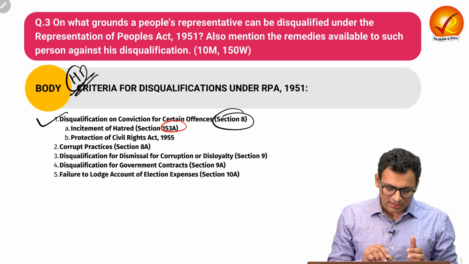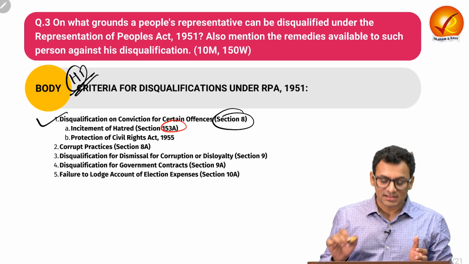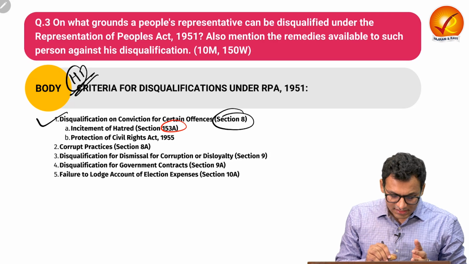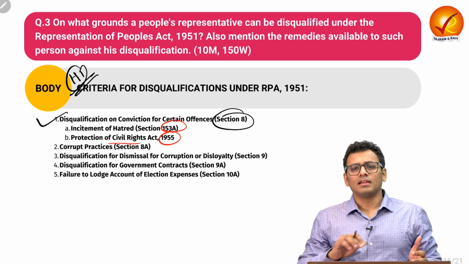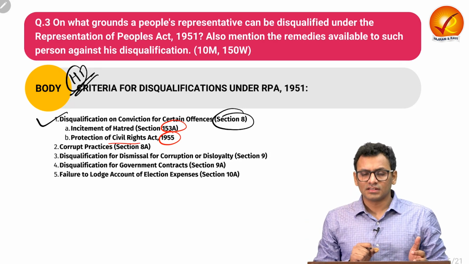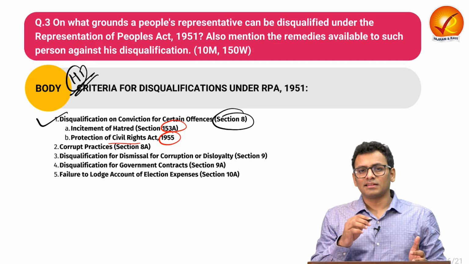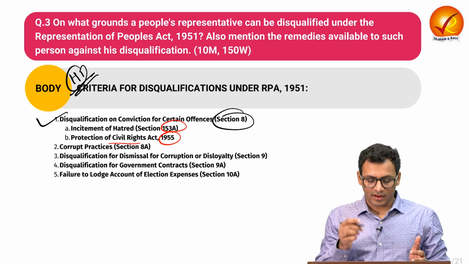Over here, we have seen that if any representative is found guilty with respect to the incitement of hatred, they shall be disqualified. Second is with respect to the Protection of Civil Rights Act 1955, where in case those elected representatives are found guilty of propagating certain kinds of practices such as untouchability, they are also disqualified.